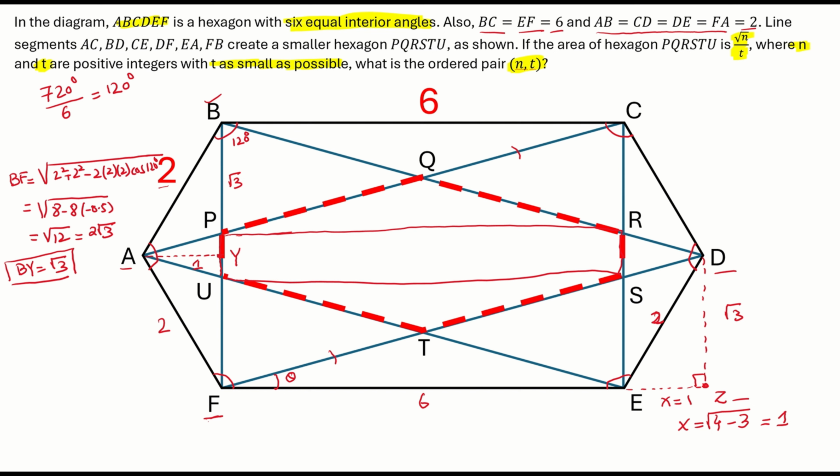And if I compare this to the triangle APY, that is also making an angle theta from the horizontal, as these two lines A and C are parallel to F and D here. Okay, so if that is the case, I can compare these two triangles, as these are similar triangles.